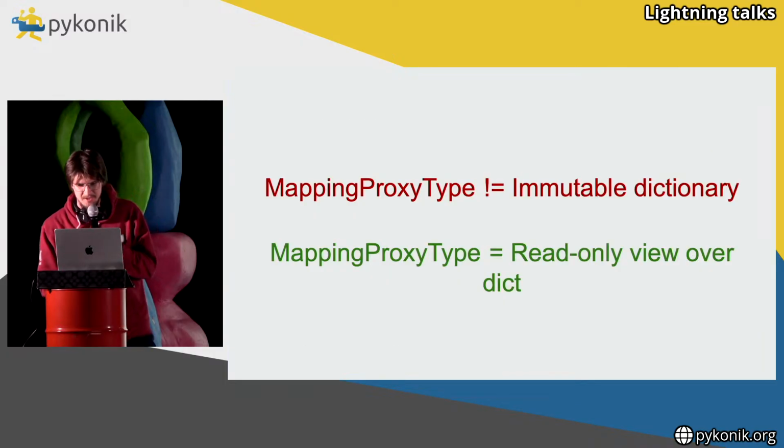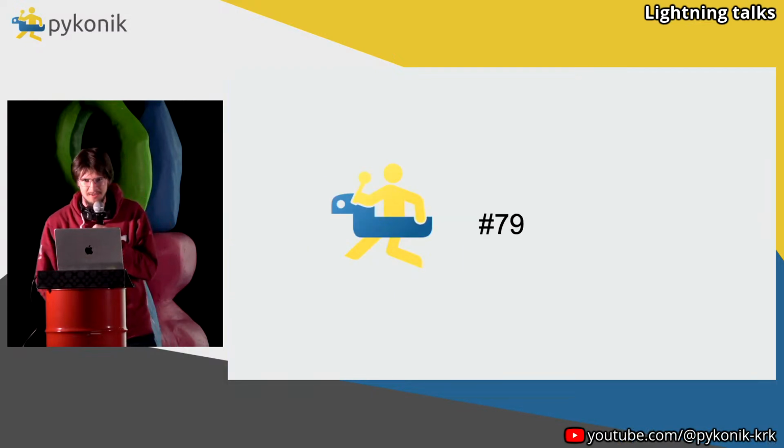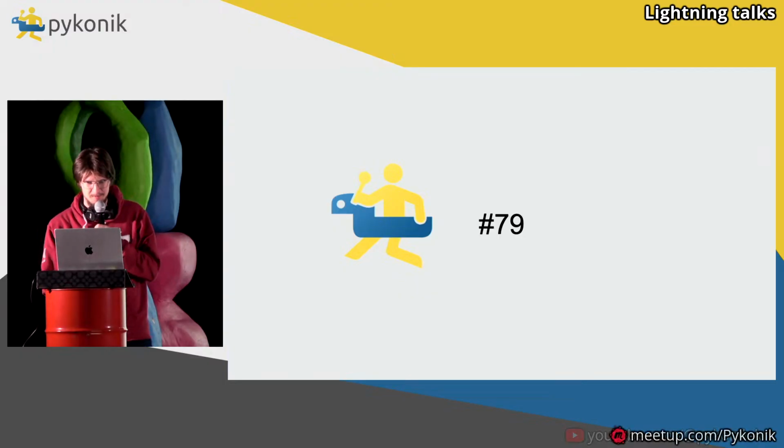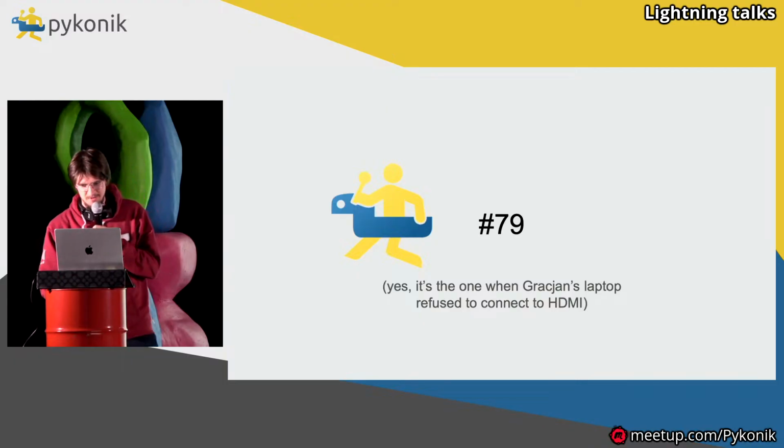It throws errors. So this is not an immutable dictionary, it's a read-only view over a dict. And if you're having déjà vu, yes, I've already talked a little bit about it at Pykonik 79.